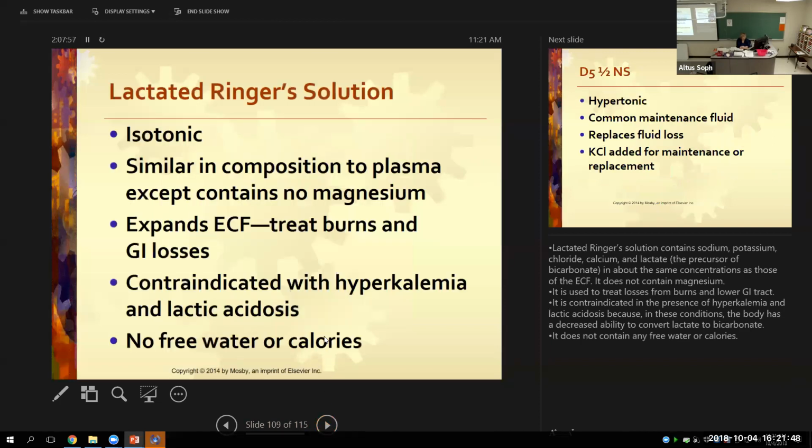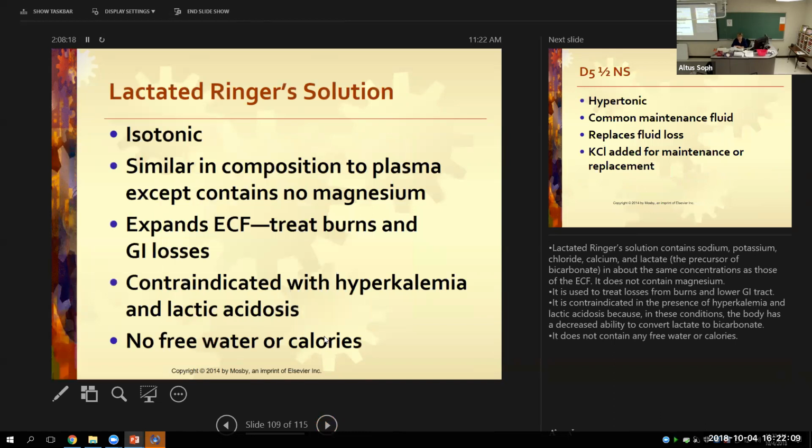Okay. Lactated Ringer's is an isotonic solution. It is very similar to our plasma, except that it contains no magnesium, but it does contain sodium, potassium, calcium. If you happen to have lactic acidosis, you're probably not going to want to have that hanging.